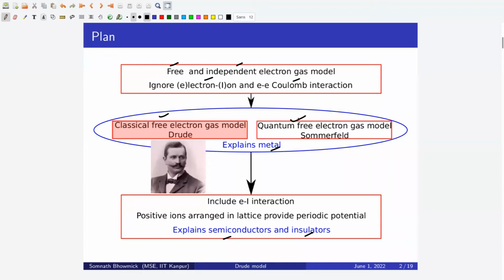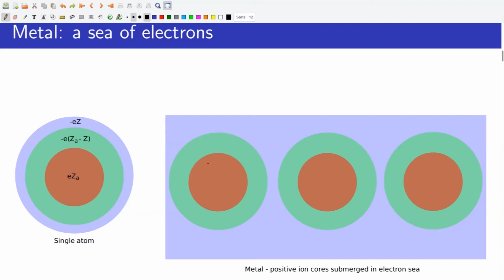In this lecture, we shall focus on classical free electron gas model proposed by Drude around 1900, before the development of the quantum mechanics. Drude applied kinetic theory of gases to a metal considered to be a gas of electrons.